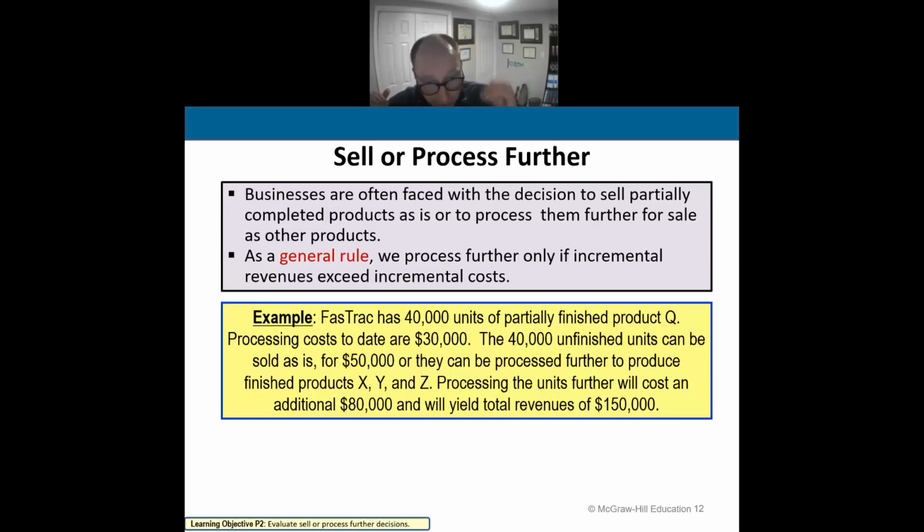So 80,000 plus the 30,000 is a total cost of 110,000. 150,000 minus 110,000 gets me 40,000 in profit.